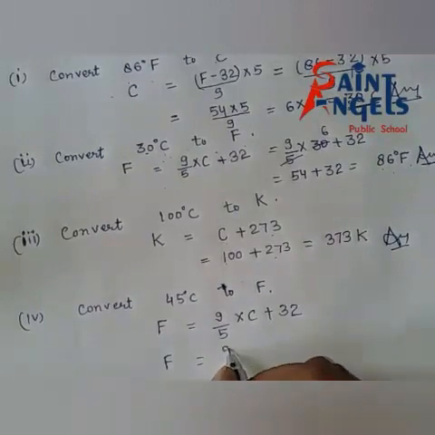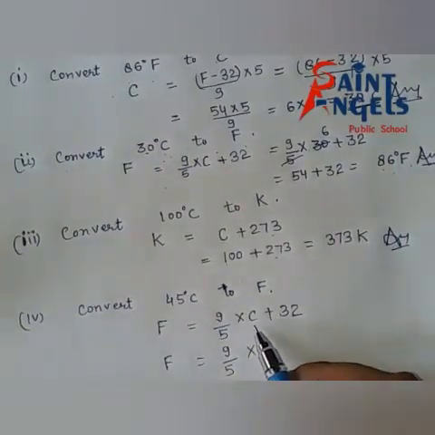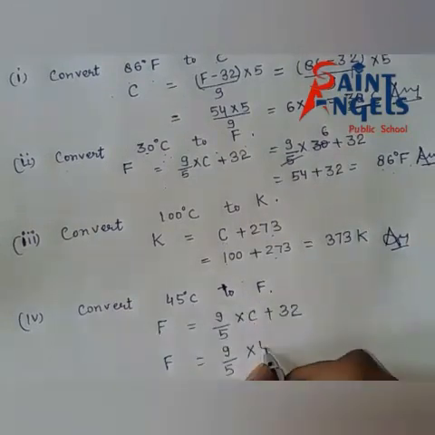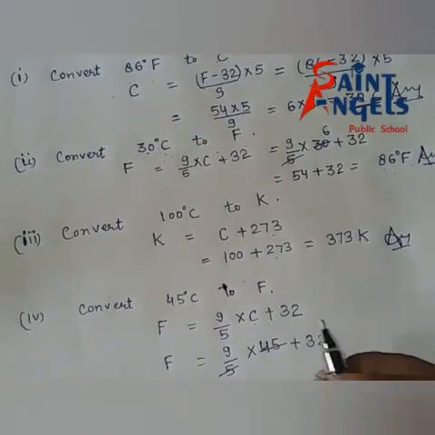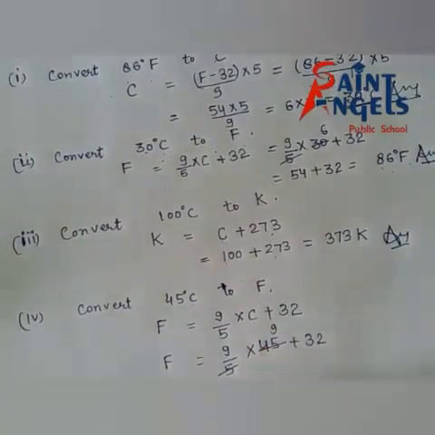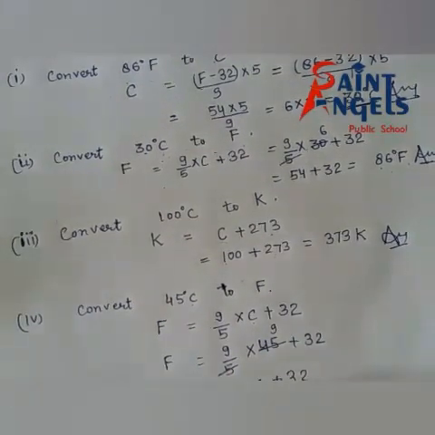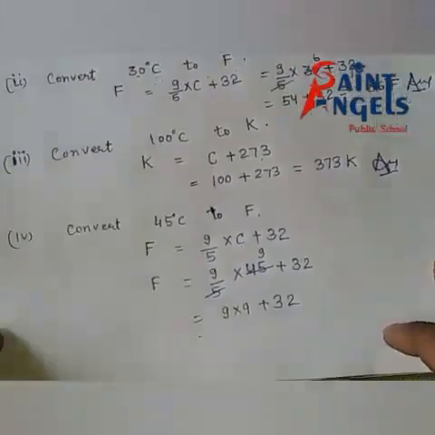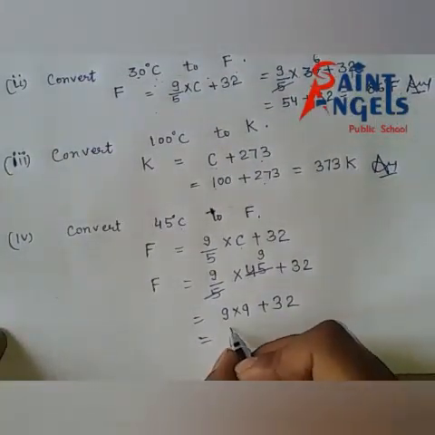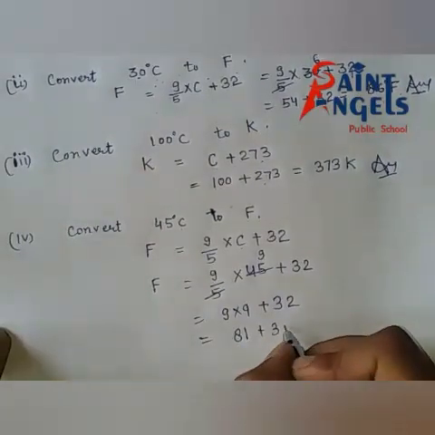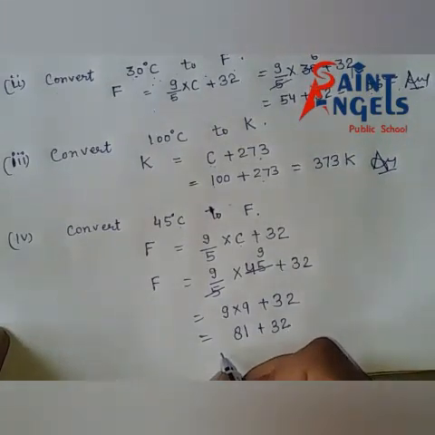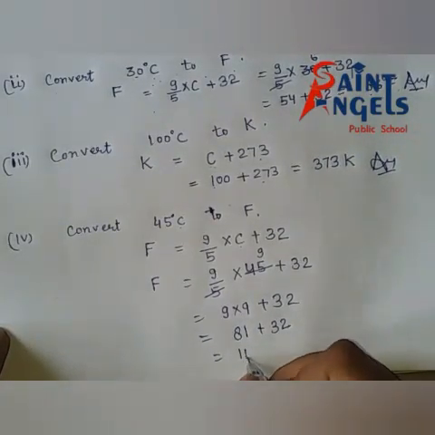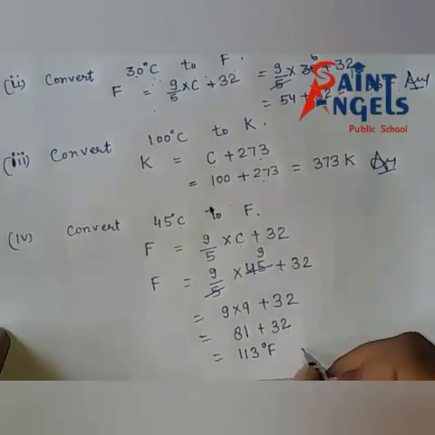The value on the Celsius scale is 45, plus 32. 5 9s are 45, so we can write 9 into 9 plus 32. 9 9s are 81, plus 32. 81 plus 32 is 113 degree Fahrenheit.